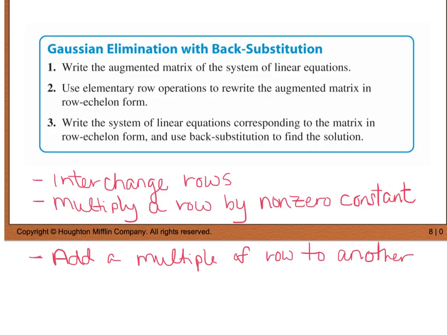Again, this is just so we can cancel out a variable. So these here are all elementary row operations. Once we use our elementary row operations, we want to write the system of linear equations that correspond to the matrix, and then use back substitution to find our solution.